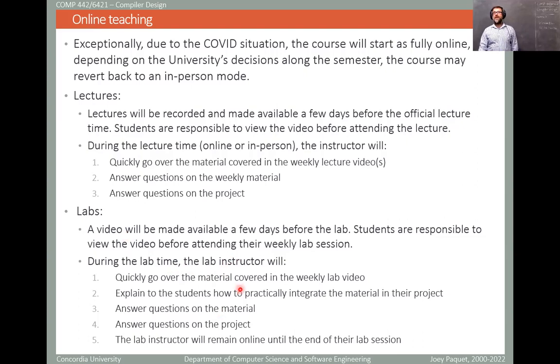As you see, it will actually proceed in the same way as for the lectures. You will have videos posted on Moodle and on my webpage, where one of the two lab instructors will record a video describing the technical aspects that they want to highlight to help you with the implementation of the current phase of the compiler.